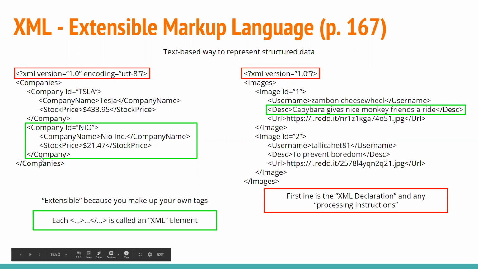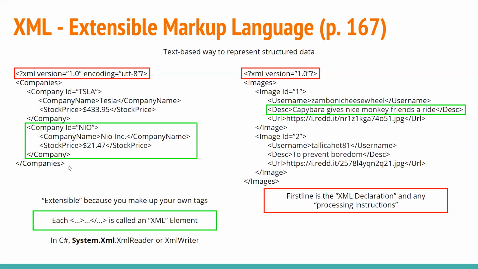Anything spanning from a start tag to its end tag, like company to /company, or desk to /desk, or companies to /companies, is called an XML element, a single element of XML. Just remember the name elements because we will use it inside the code that we're about to write. That's all the theory you really have to know about XML, and there isn't much because it's pretty obvious to read, right? The last thing, I suppose, is how we actually read XML in C#, but we'll get back to this.